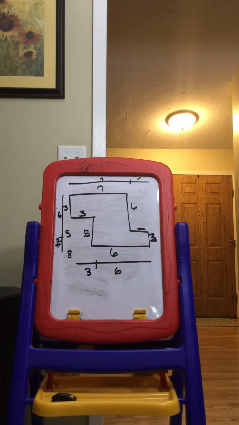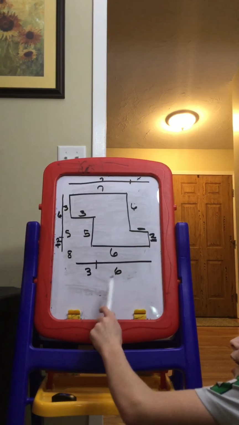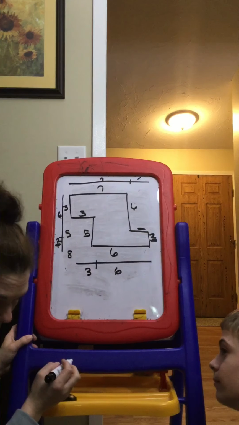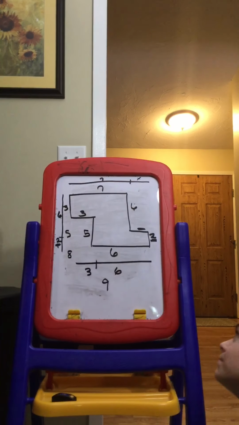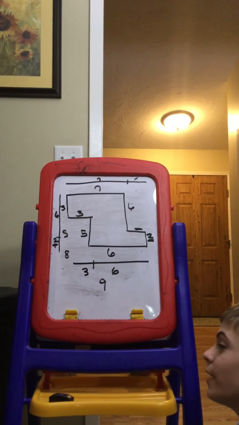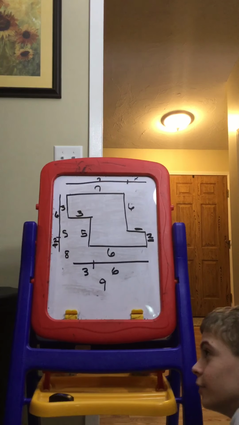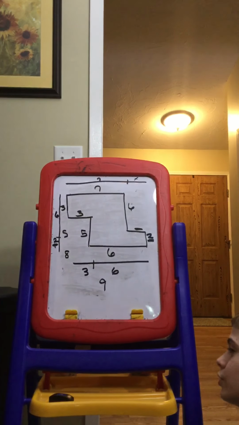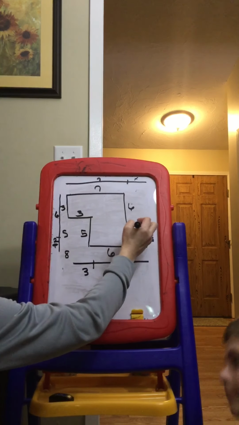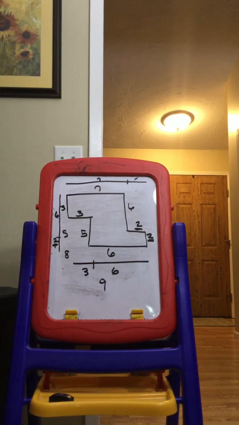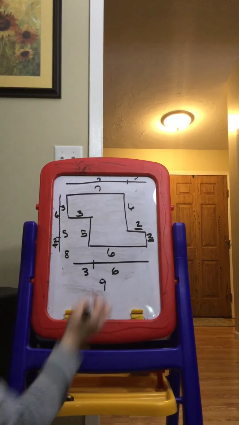You add the 6 and 3, which equals 9. Then you see the 7 up there, and 9 minus 7 equals 2. So 7 plus 2 equals 9. So what goes right here? 2. Good job.